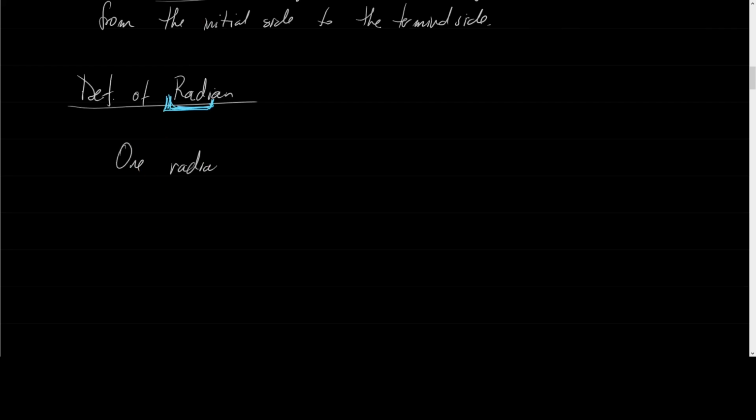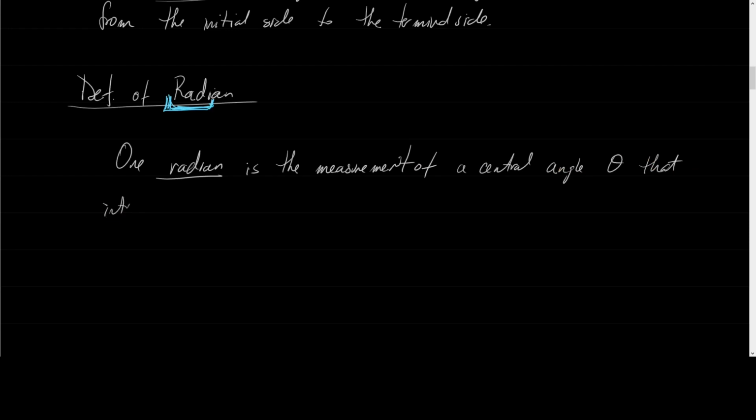So 1 radian is the measurement of a central angle theta that intercepts an arc S equaling in length to the radius R of a circle.